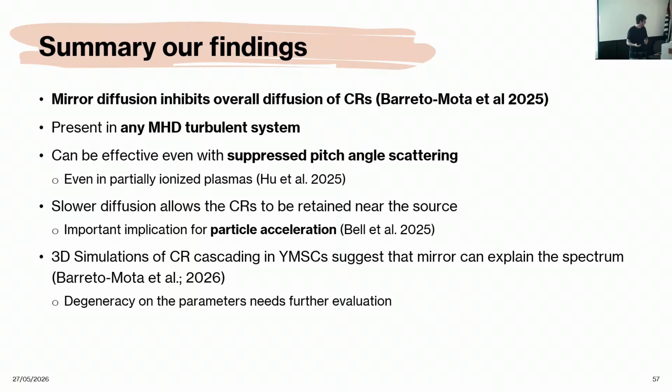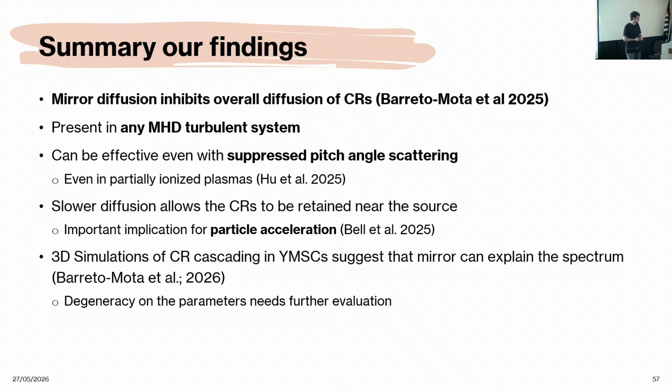particle acceleration. This was, for instance, showed by Bell around supernovas, where it is discussed how much it can accelerate or not. So yeah, if we have mirror diffusion there, it could become a powerful mechanism, or could help explain some of the observations.